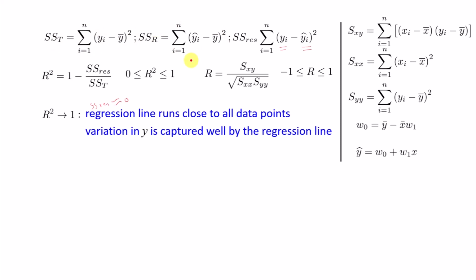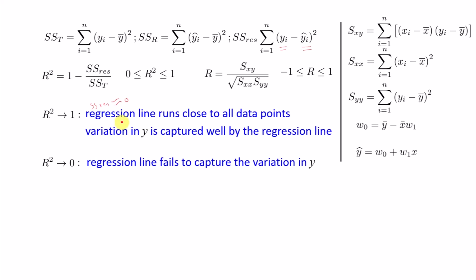On the other hand, if it goes the other way around, one extreme is 1, then the other extreme is 0, and in that case, if it is 0, then we have to understand that SSE is giving us everything. SSE is equal to SST and SSR is basically 0, which means my regression line is far away from every data point actually.